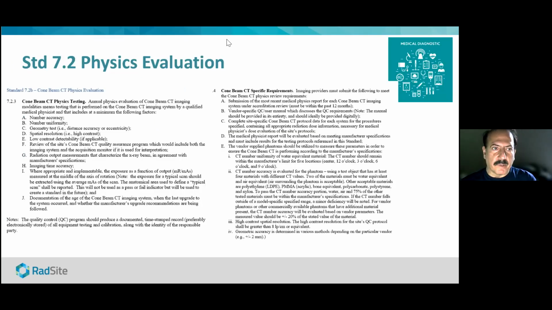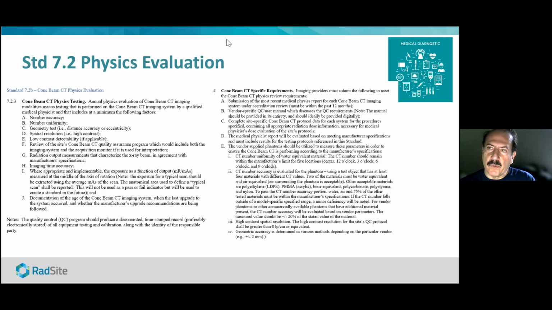It's really important also to have the physicist evaluate certain characteristics of the image, such as spatial resolution, which refers to the amount of detail in the images, and also a number of parameters that are specific to cone beam CT quality that may be different from CT quality.